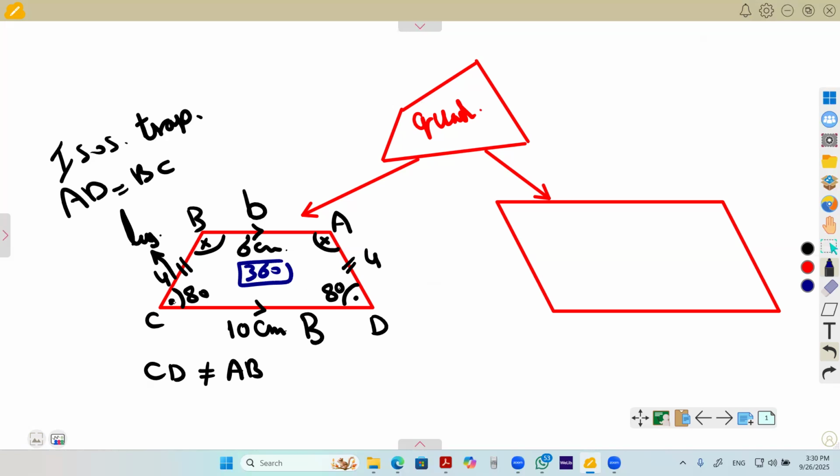The 160 is the sum of the measures of angles C and D. So to get the measure of angle B, which equals the measure of angle A, we have to subtract the 160 from the 360 and divide the result by 2.